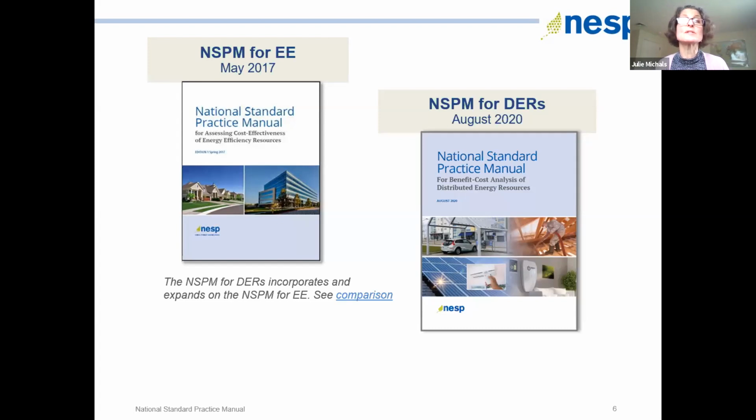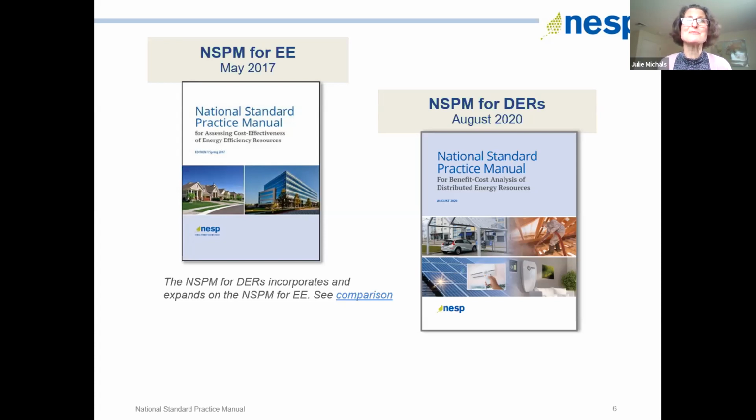Let me share a little bit here, and I think we have them numbered on the screen, so that's my bad. So here's a bit about the NSPM, developed because of the rapid increase, of course, focusing on integration of efficiency with other DERs and buildings. And so this was expanded. The scope of it applies to efficiency, demand response, distributed generation, storage, and electrification, including in buildings and electric vehicles.